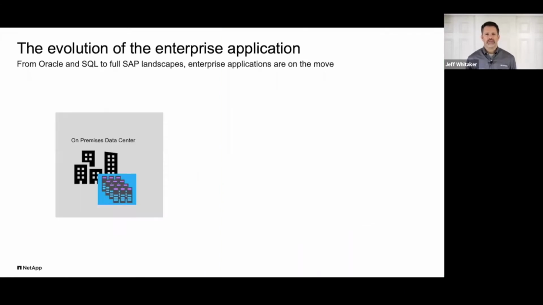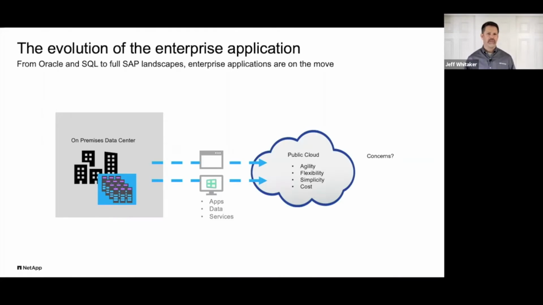So when we're talking about the enterprise app environment and that evolution into the cloud, what we're talking about is Oracle, SQL, SAP landscapes, and those different types of applications that are on the move into the cloud itself. But we've run into a number of things, and customers have been dealing with some of these concerns around performance.